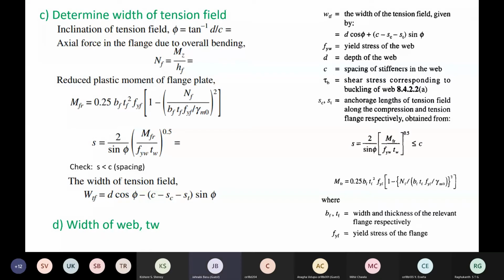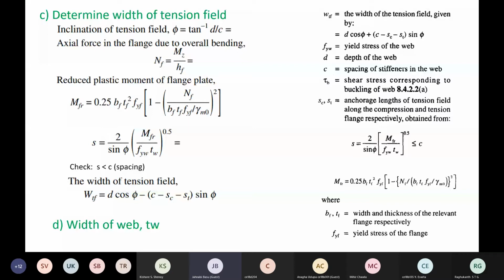So has anyone calculated the value of S? MFR is 1.809 or something, whatever you calculated, into 10 power 6 Newton mm, by 250 into 8 power 0.5.